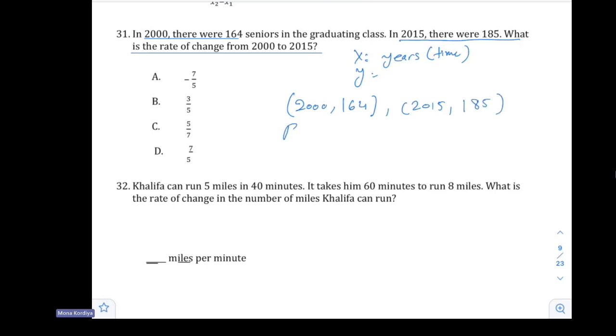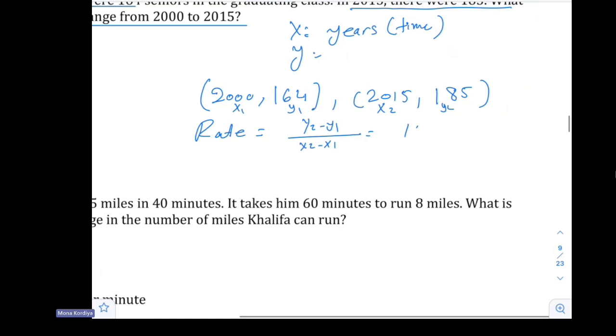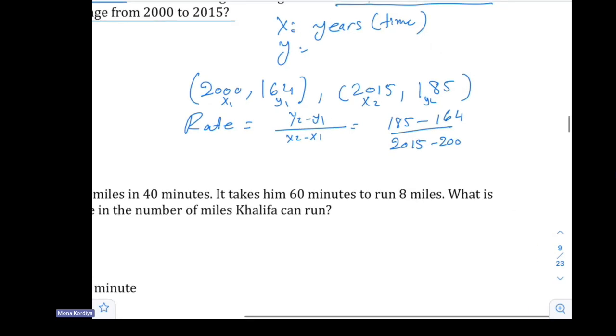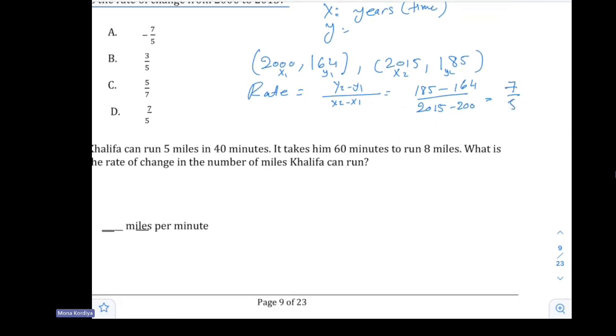If you are asked to find a rate of change, we will assume that this is x1, y1, x2, y2, and we will apply y2 minus y1 over x2 minus x1, which is 185 minus 164 over 2015 minus 2000. And using the calculator, the answer will be 7 over 5 in the simplest form.